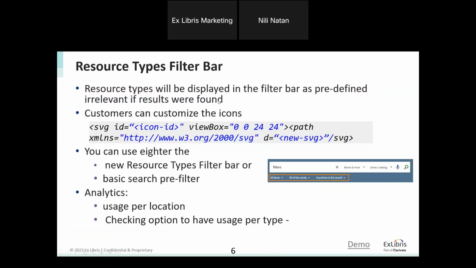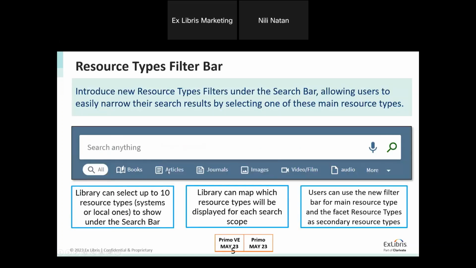This is one comment. As you can see also, for each resource type, we chose to have an icon in the UX design. I think that we are delivering 20 icons for the most common ones. If you have a local resource type and you want to have your own, there is an option to customize or even to replace an existing icon.